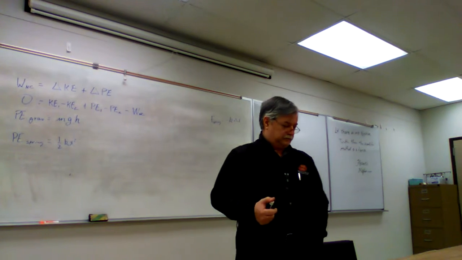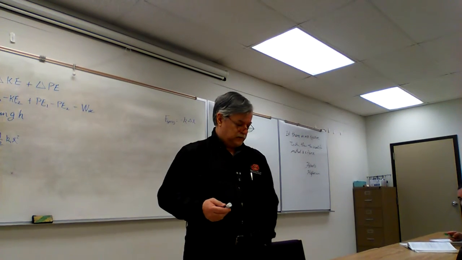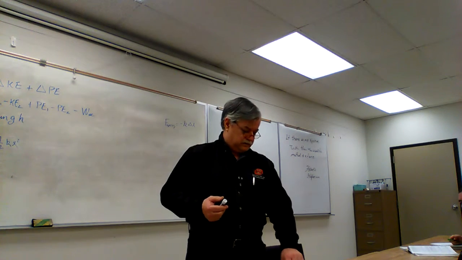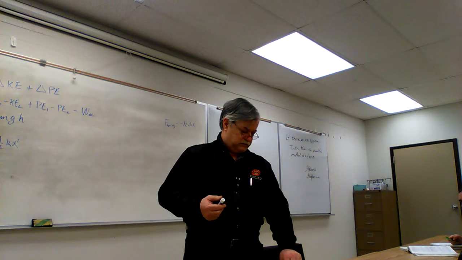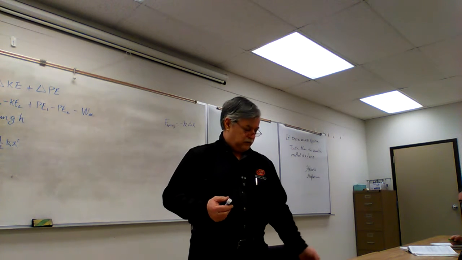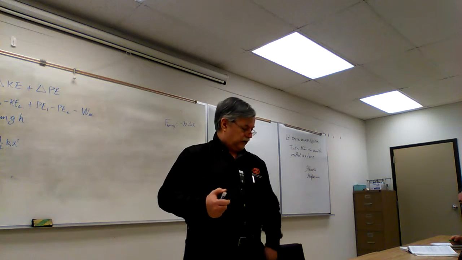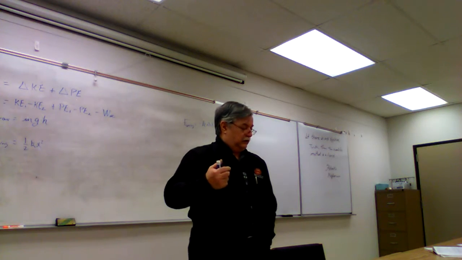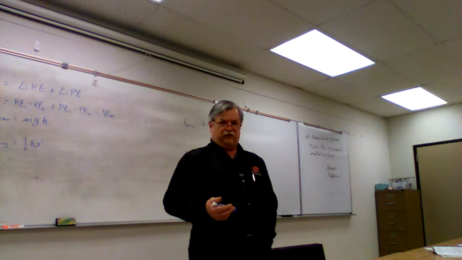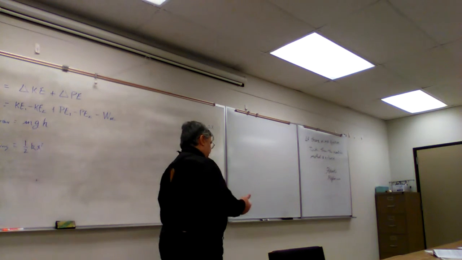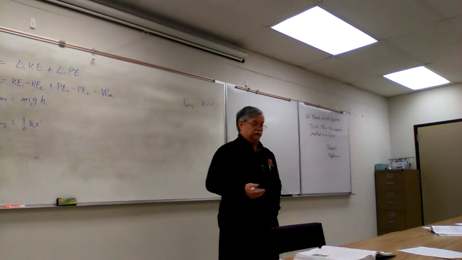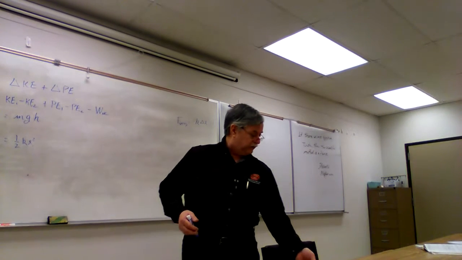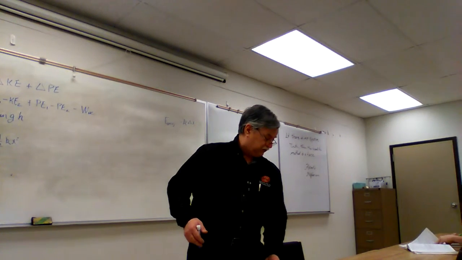So, let's look real quick at an example of using conservation of energy to estimate the amount of friction in a roller coaster. I'm on page 158. This is example 6.12.